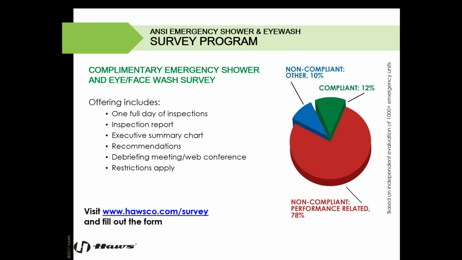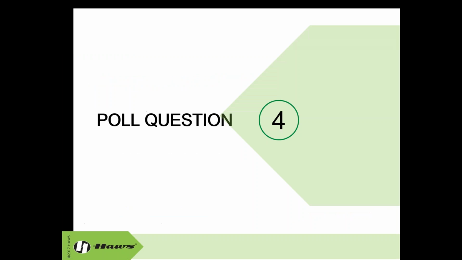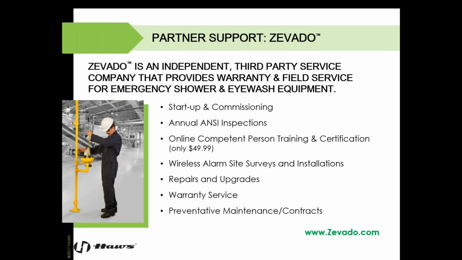Okay, we do also work with a third-party provider called Zavato. Zavato is an independent third-party service provider that can go from startup commissioning to the annual ANSI inspections. They also offer an online competent person training certification, which is very valuable.